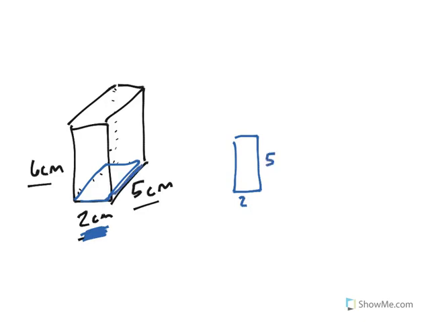Now let's do the two sides. So I'm just going to color them red because it's easier for me to organize it like that. So that is going to be another rectangle. So I'm going to make a rectangle right here, and notice this corner it shares right there, and that's 5. So I already know that that's 5, which means this is also 5 over here. And so then I need to figure out what is the other side.